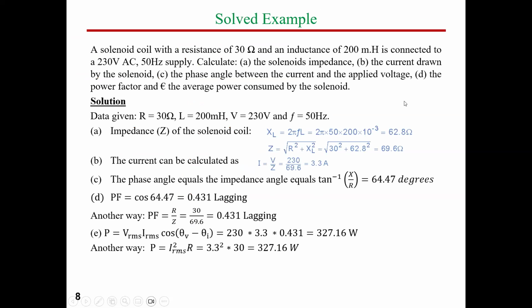Another solved example here, guys. In this solved example, we have a solenoid coil with a resistance of 30 ohm and inductance of 200 millihenry, connected to 230 volt AC, 50 hertz supply.